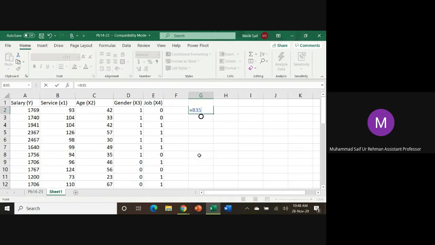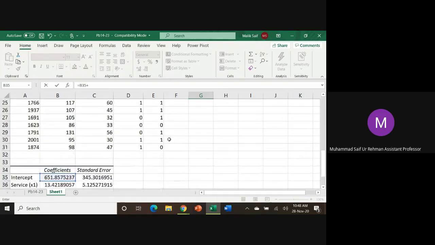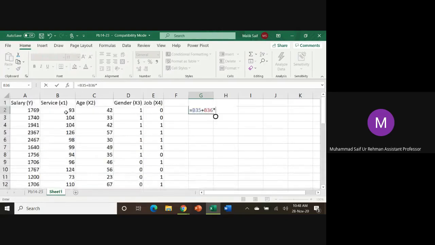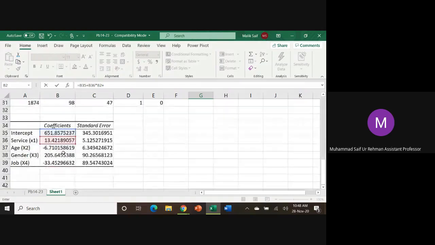Once I write down all the betas, I will give some special notations to the equation so that I have the exact answer. So this is alpha plus, and now you have to write down beta 1. This is your beta 1, and you multiply beta 1 with x1, then plus beta 3.